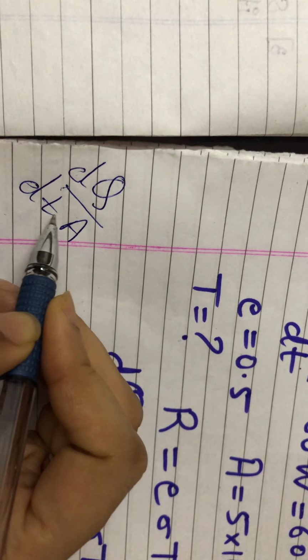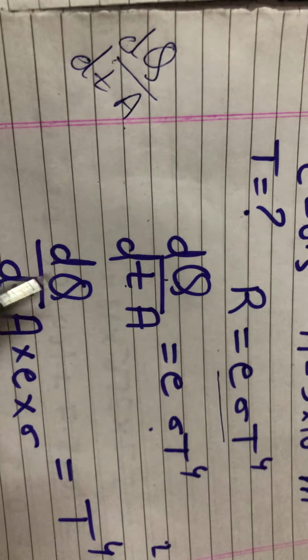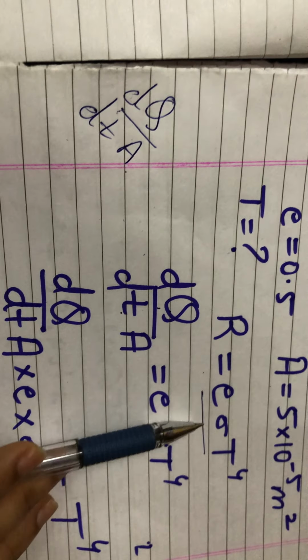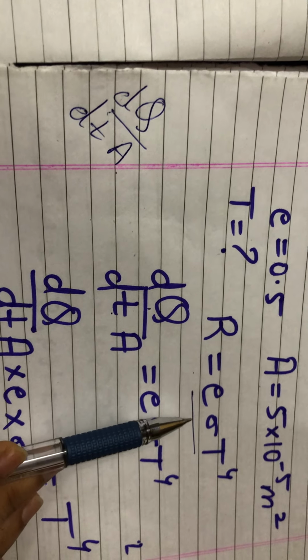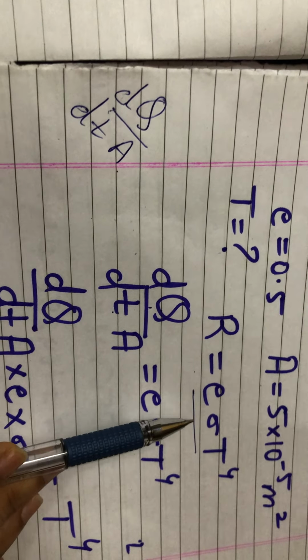This formula is derived in Stefan-Boltzmann's law. If you go through that law, you'll understand how this equation is derived. Now from dQ upon dt A, we need to find the temperature. So let T be on the right hand side. The other terms will come in the denominator on the left hand side. So I have taken these two terms in the denominator.